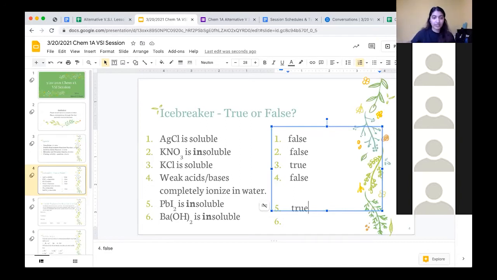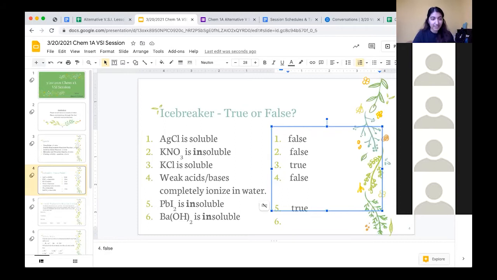And then number 6, BaOH2 is insoluble. Is that true or false? I see one true and one false. I'll wait for some more answers. False, false, false, true.